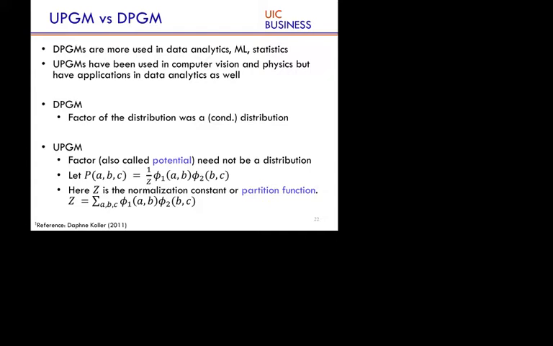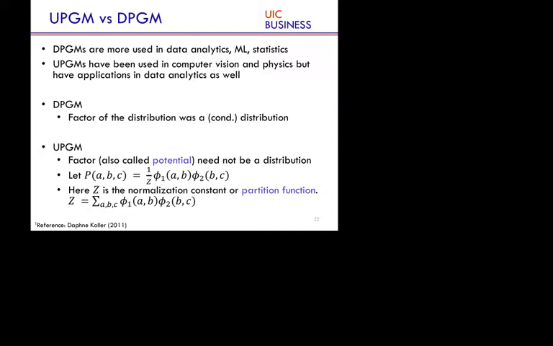Undirected graphical models have been used in computer vision mostly. All the image processing stuff that you saw in the first 4 lectures, before deep learning became the state of the art, graphical models are a big way to model the structure in images, for example to segment images, do foreground versus background subtraction, and a lot of different image processing tasks.